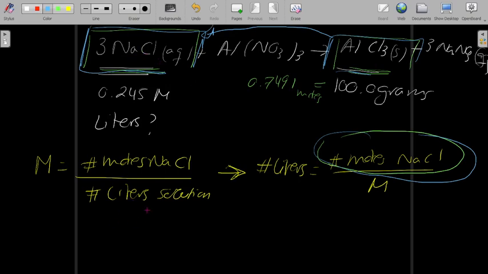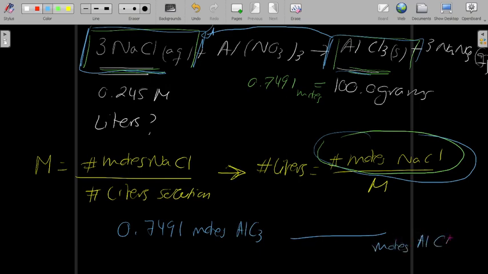That's what you're doing. So start with what you have, 0.7491 moles of aluminum chloride. I don't want moles of aluminum chloride. Remember, you're doing stoichiometry. I want moles of my sodium chloride. How are they related? 3 to 1.